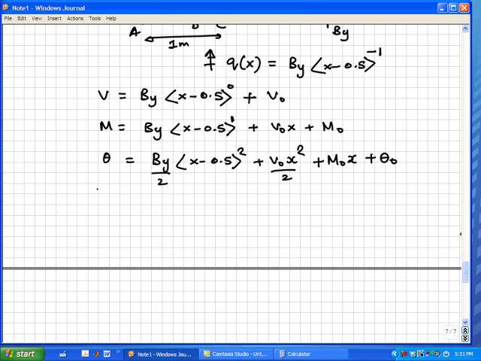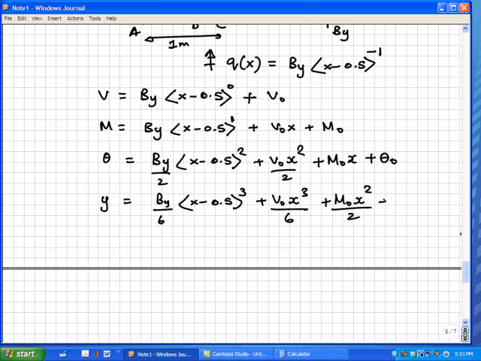And then what's the last? y equals By times <x minus 0.5> cubed over 6 plus V naught x cubed over 6 plus M naught x squared over 2 plus theta naught x plus y naught.